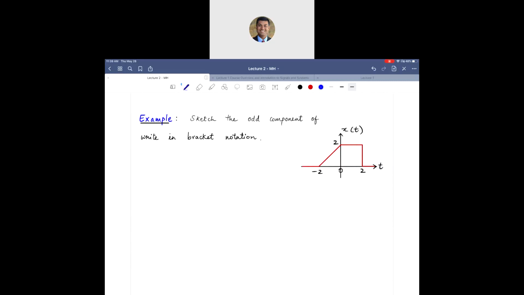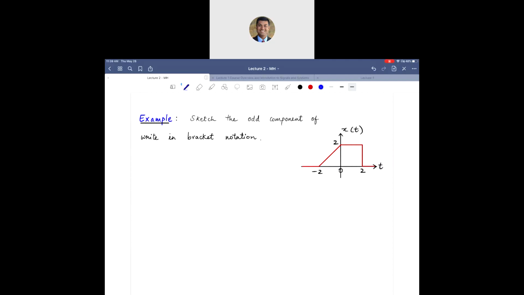So I have sketched out an arbitrary x of t over here, and a quick visual check tells me that it is neither an even signal nor an odd signal, because it's not symmetric about the vertical axis, it's not symmetric about the origin, so it's neither one of them.